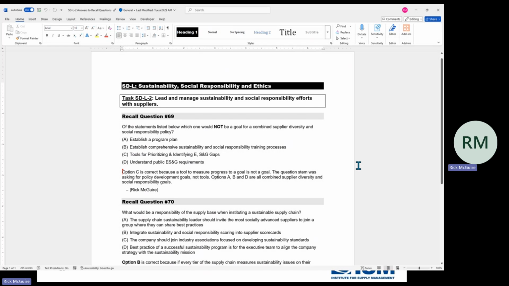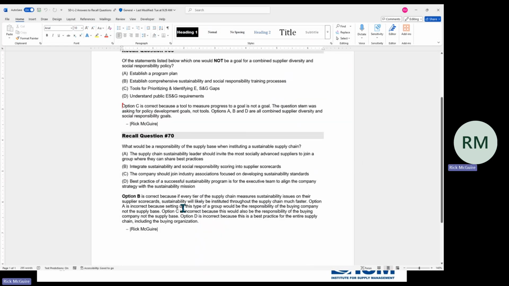So let's see. 2 is B, integrate sustainability and social responsibility scoring, supplier scorecards. If every tier of the supply chain measures sustainability and their issues, supplier scorecards, sustainability will likely be instituted by the supply chain much faster. That's kind of a goofy question. They're all kind of right. It's just B is more right, I guess.